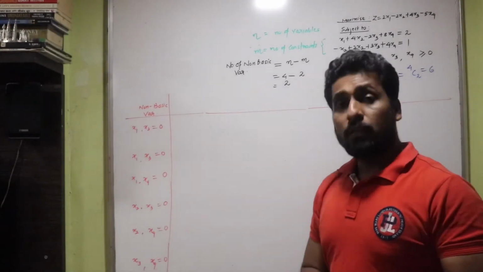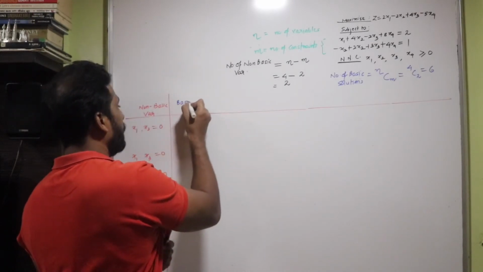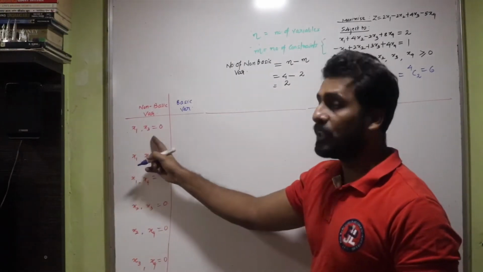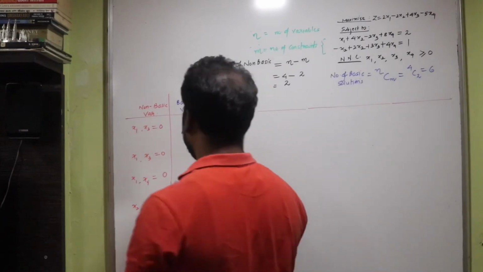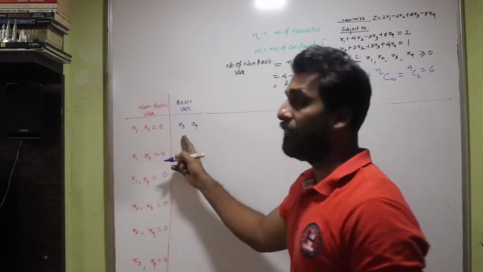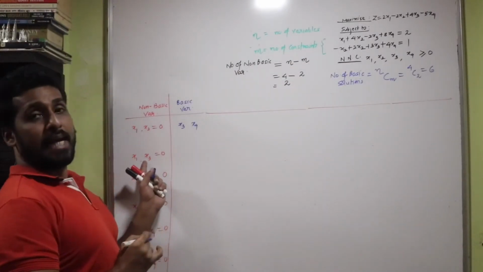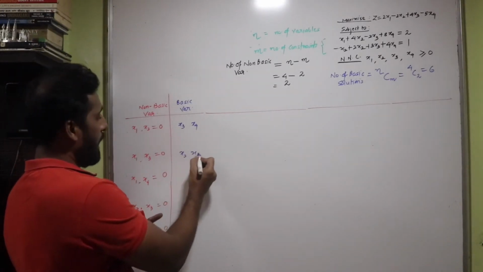The next one will be the basic variables. Once I have identified that x1 and x2 are my non-basic variables, the basic variables become x3 and x4, isn't it? Then here the non-basic variables were x1 and x3, so the basic variables are going to become x2 and x4.